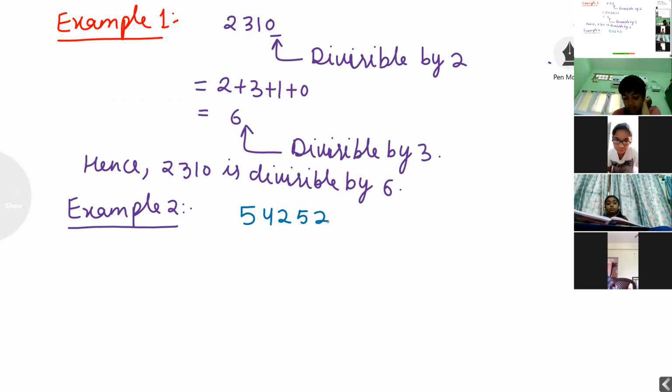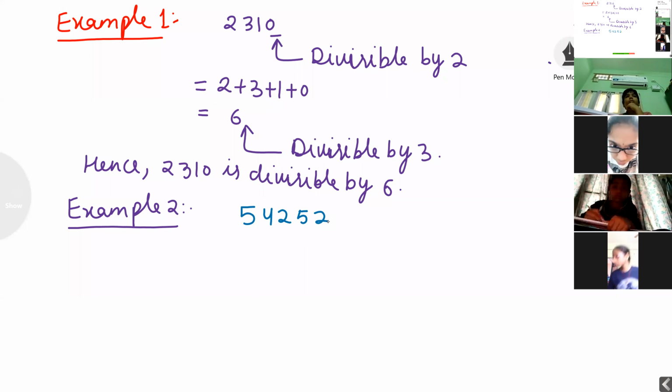Now I want to check whether this number is divisible by 6 or not. Firstly, I want to check whether this number is divisible by 2. Yes, because the ones place digit is 0. The ones place digit is an even number, so it is divisible by 2.